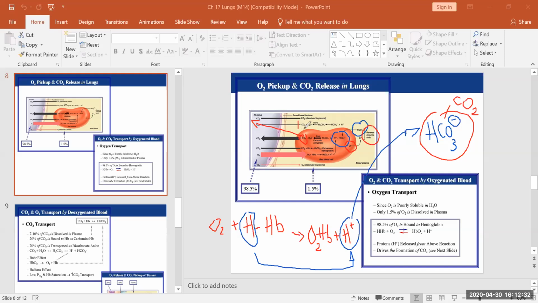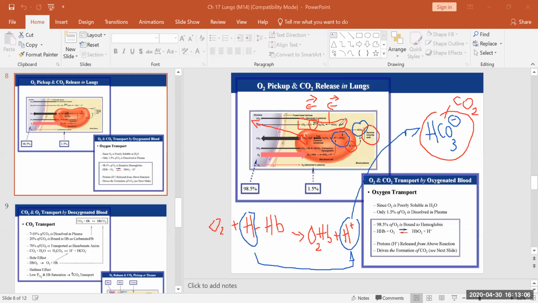Because this relationship here involves two equilibria. There's one here, it goes both ways. And there's another one here, it also goes both ways. So we have two equilibria involved here, between bicarbonate, proton, and carbonic acid, and between carbonic acid and CO2 and water. So if you increase on one end, you drive the equilibrium to the opposite side.